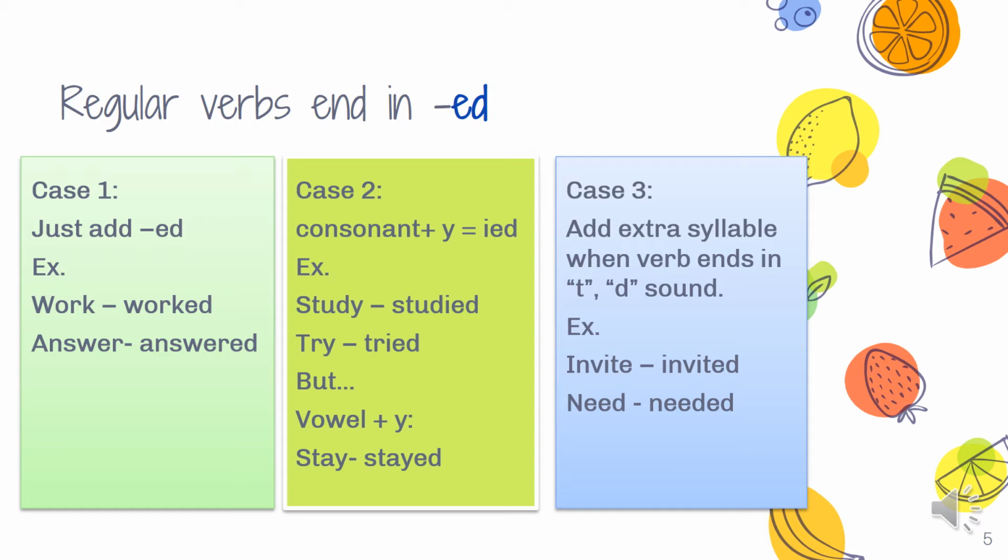In case number one, it's when we just add ed with no other change or precaution, just the verb permits us to add ed and that's all. Example, work, worked, answer, answered.